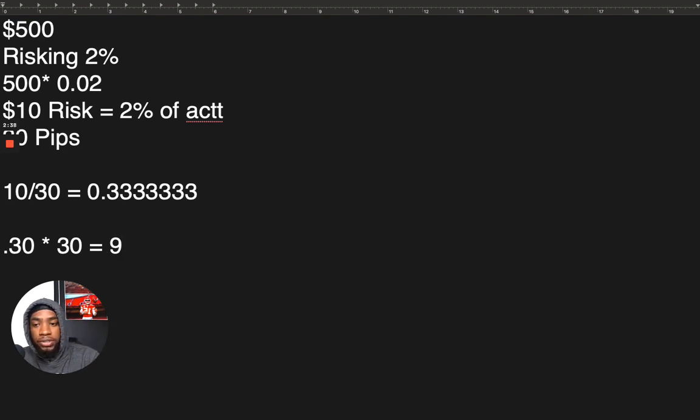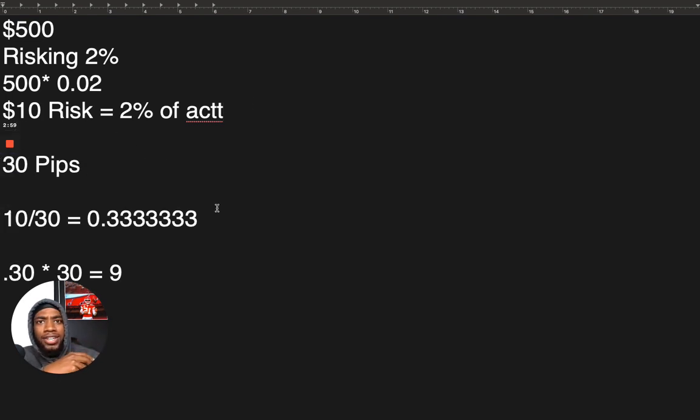So that means if we want to take a trade on, let's just say GU, stop loss of 30 pips, risking 2% on a $500 account, I don't know if this is in the way or not, right? This is what that's going to look like. All right, boom. I don't know if y'all can see the timer.